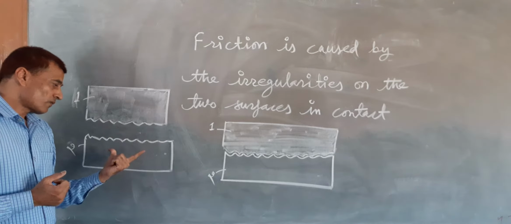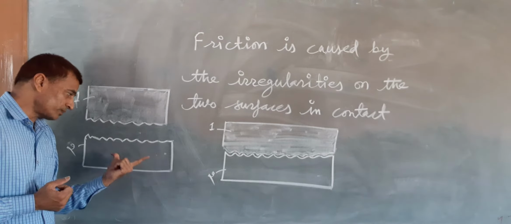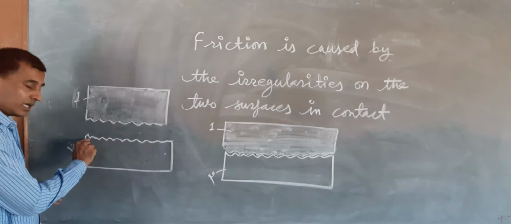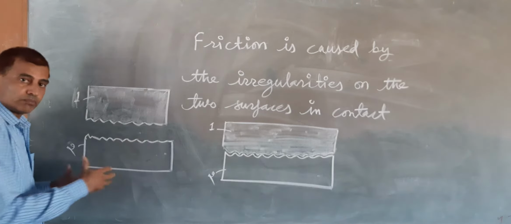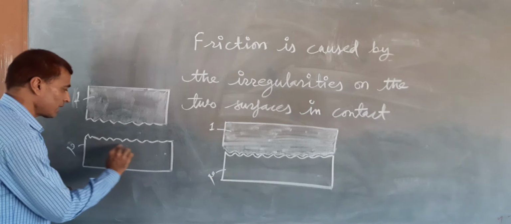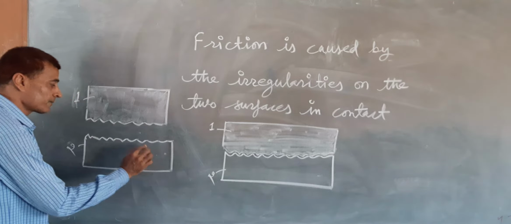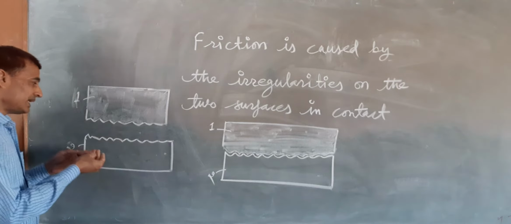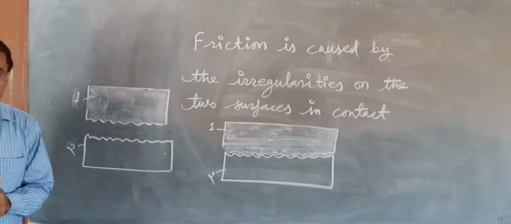The same for the upper surface of this object. Here again, if we look, this may be smooth, but by microscope we again see irregularities.